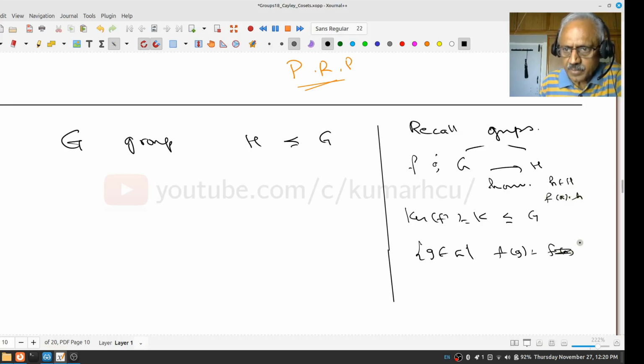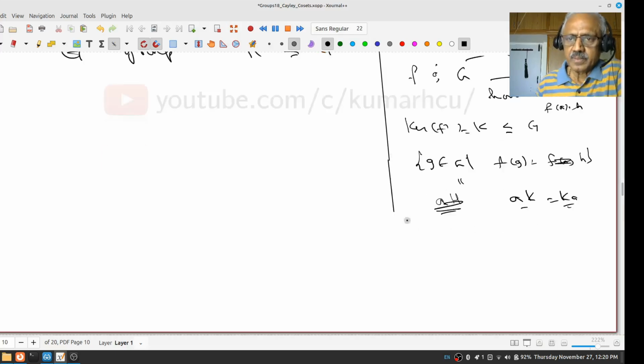Then we found out this is nothing other than, okay, a times K, which is also K times a. Do you recall this? Right? So these are called cosets. This is what we want to look at today.